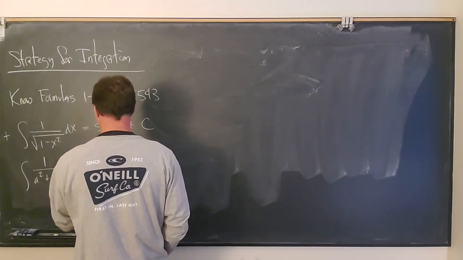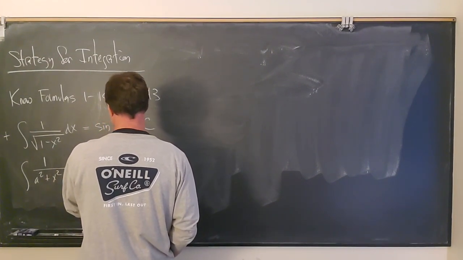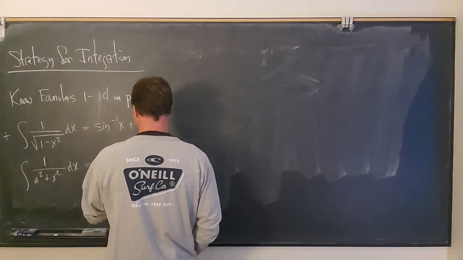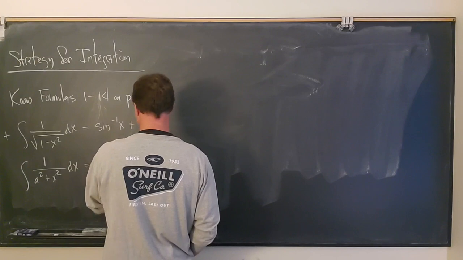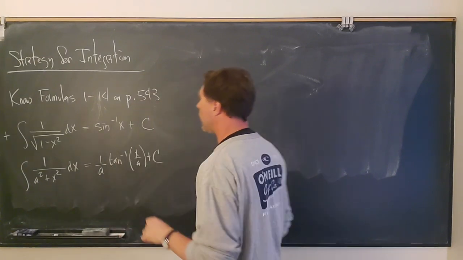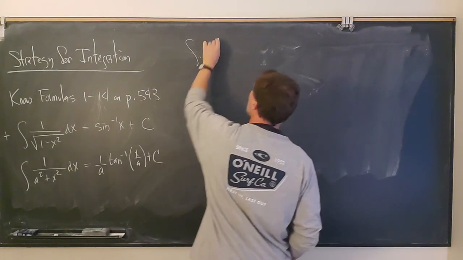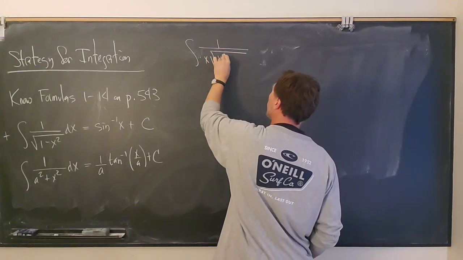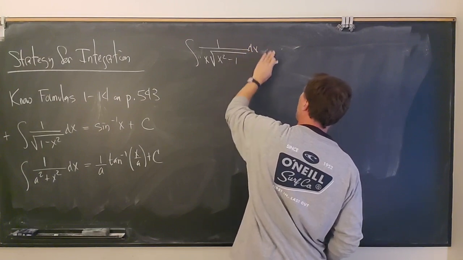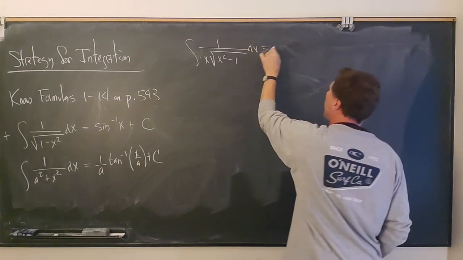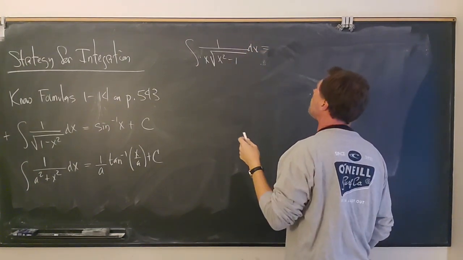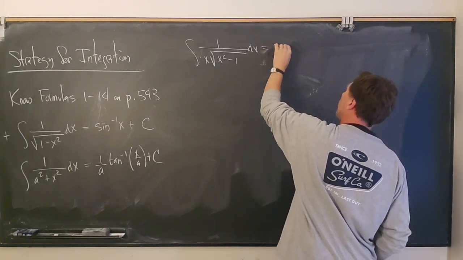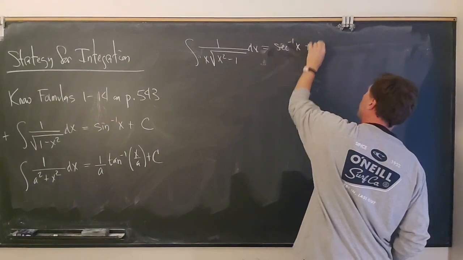It goes like this: 1 over a inverse tangent of x over a plus c. And then one more, right? That one is 1 over x times square root of x squared minus 1 dx, and that one's equal to inverse secant of x plus c.